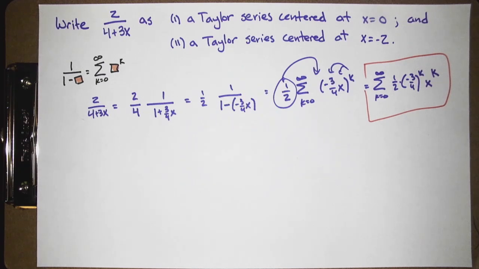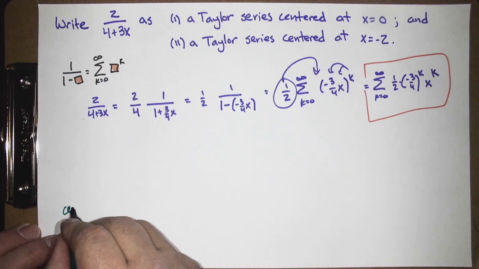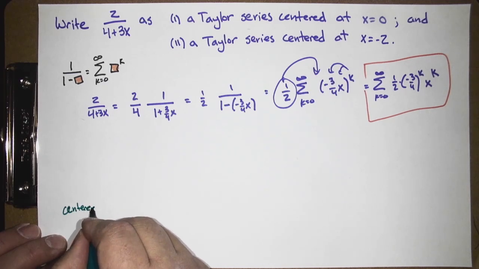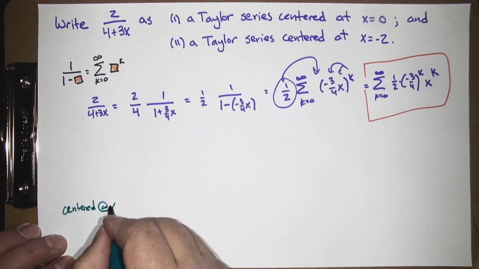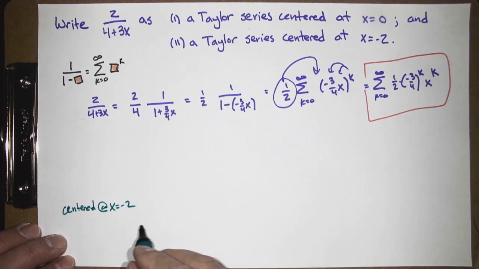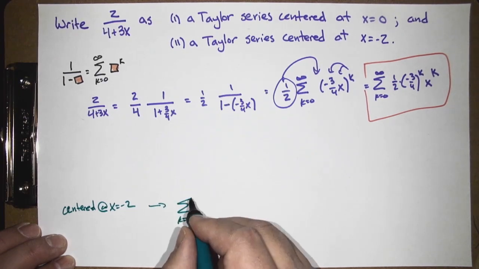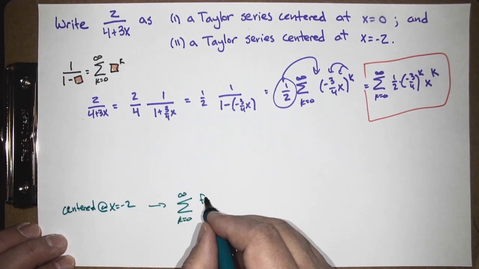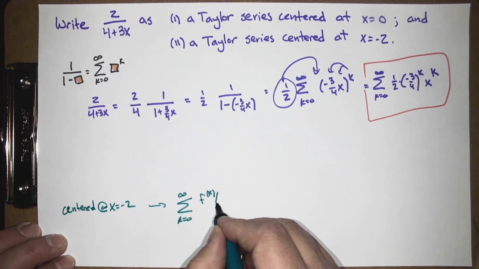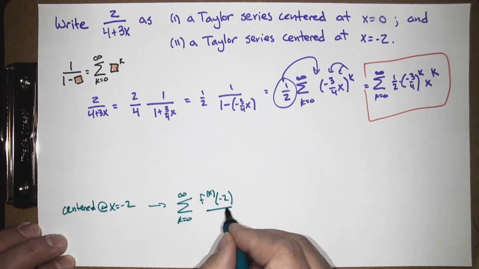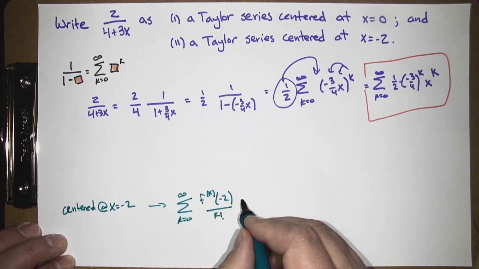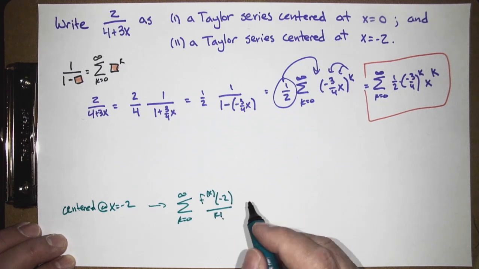Okay, so before we jump in, let's just think about it for a moment, but not too many moments because we're almost out of time. If we're centered at -2, that says, hey, we need to look like sum k equals 0 to infinity, f to the k at -2 over k factorial times what?